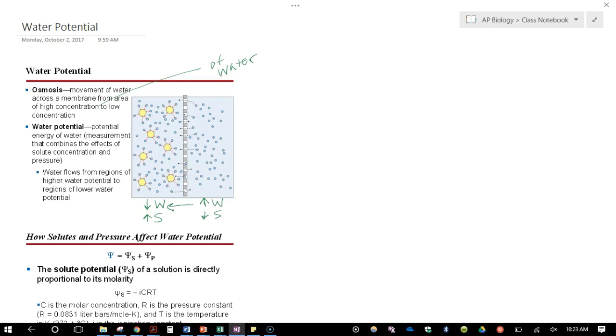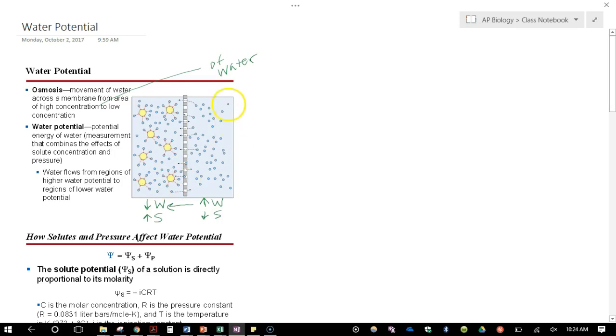So if we look at the picture on the right, you can see that there is some type of attractive force between these water molecules and the solute, okay, because this is dissolved. So when these molecules are interacting with each other, that creates less free water molecules that can move around. So on this side, you have significantly less water molecules that are free to move around easily.